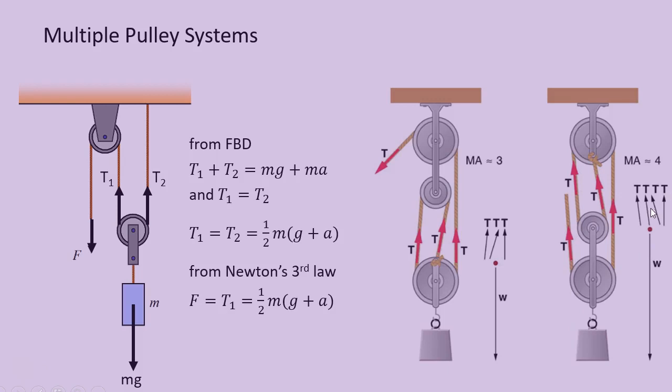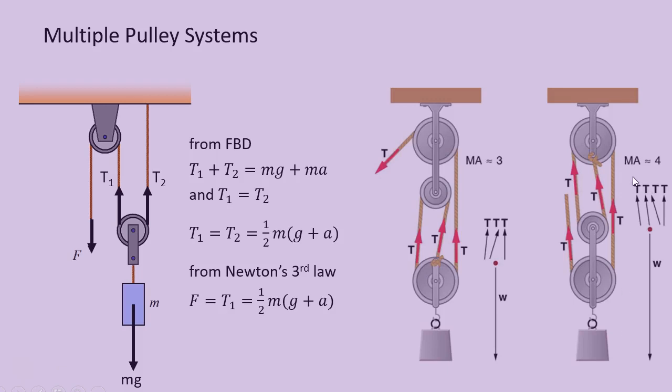In actuality, they'll be a little more than 1/4 the weight, and that's because 3 of the vectors are not going perfectly vertical.